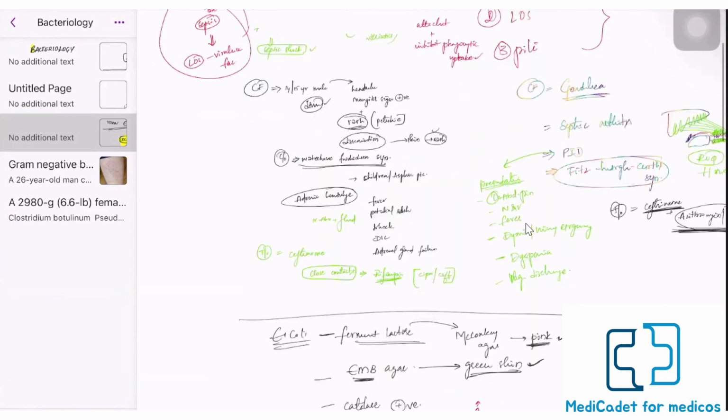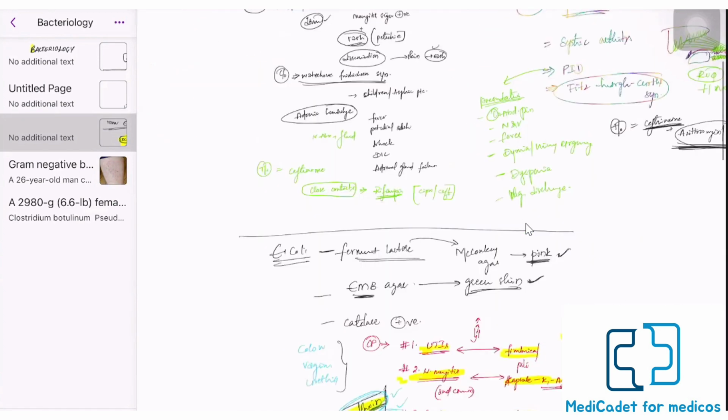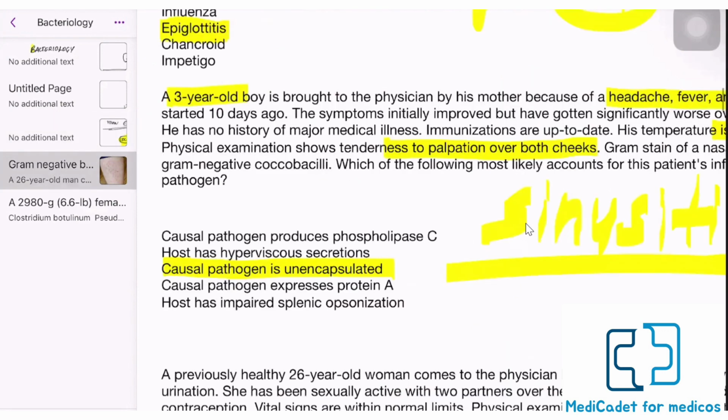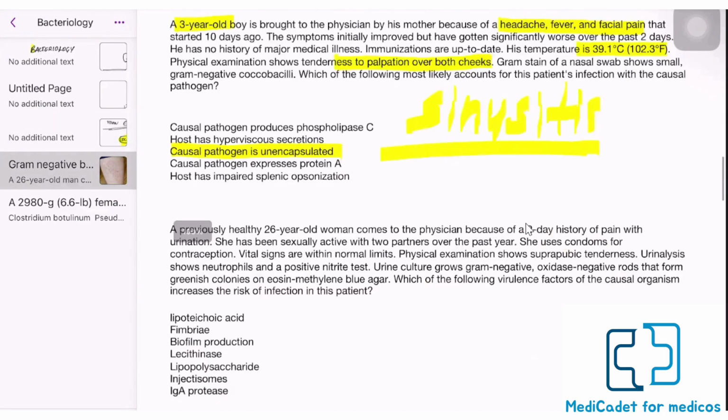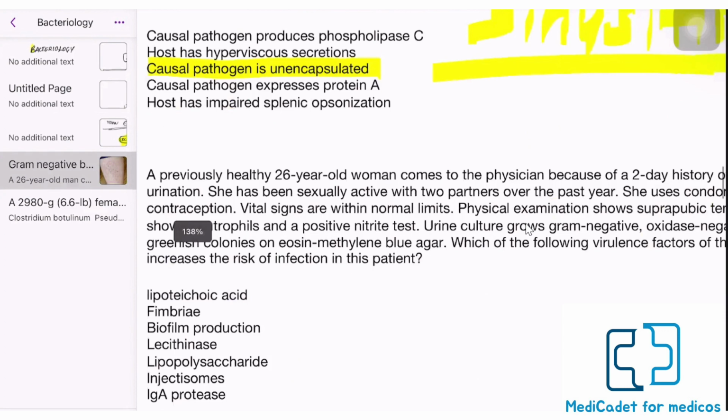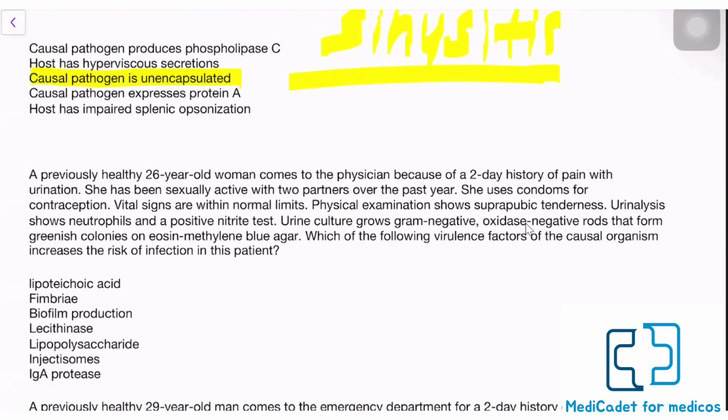I want you to take a moment and go through this question. Can we stop it? Okay, so you guys are tired. So shall we continue this class tomorrow after this E. coli, or shall we finish off all of the bacteria?